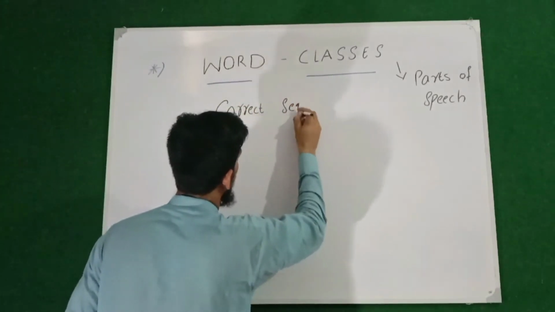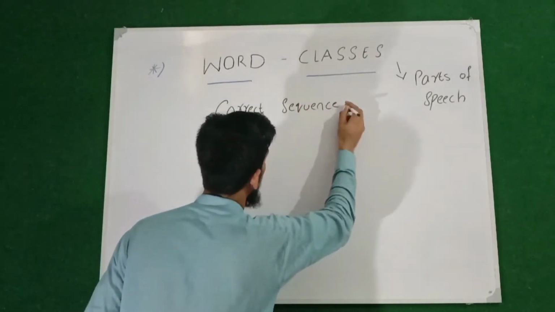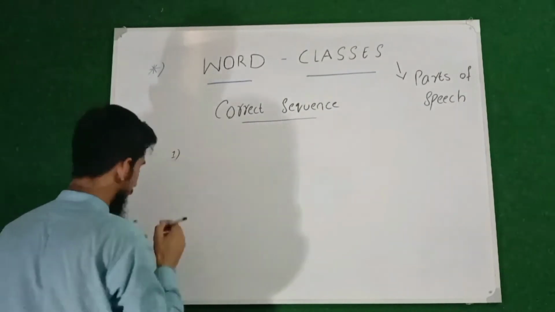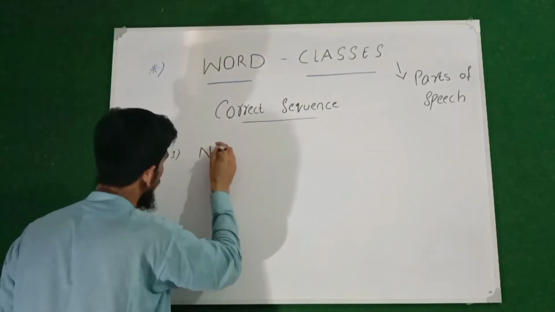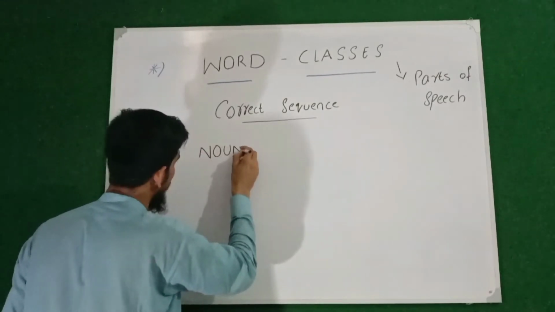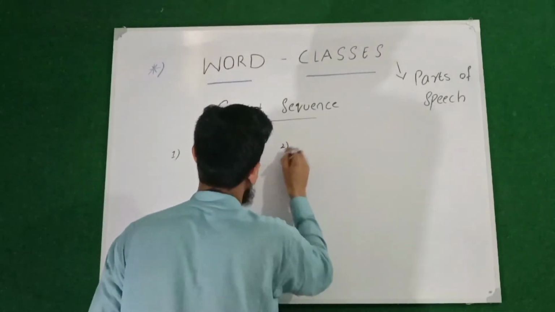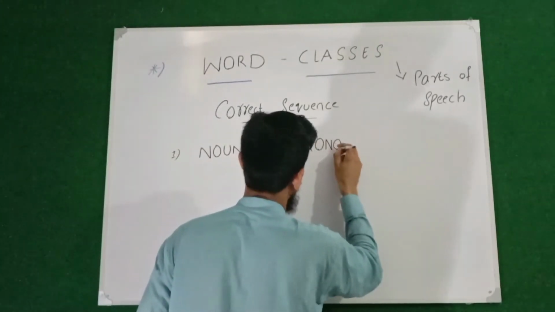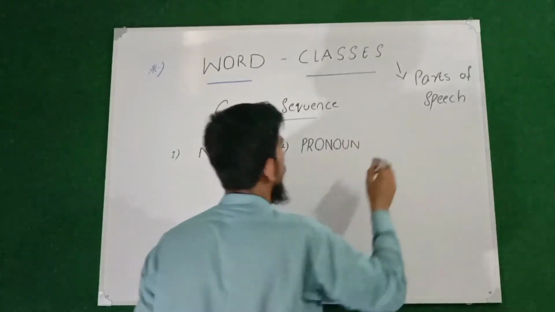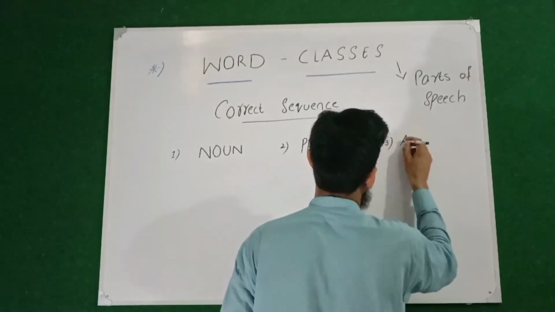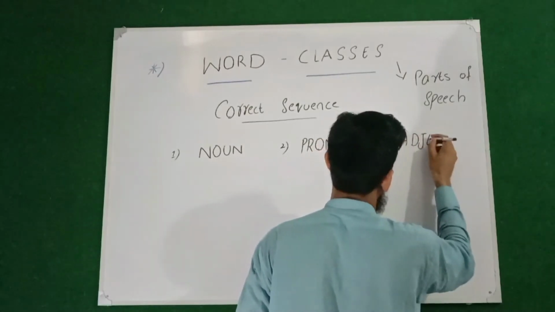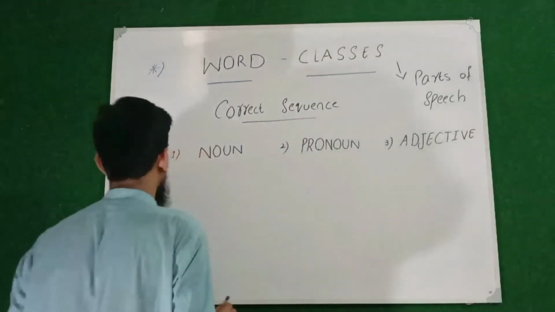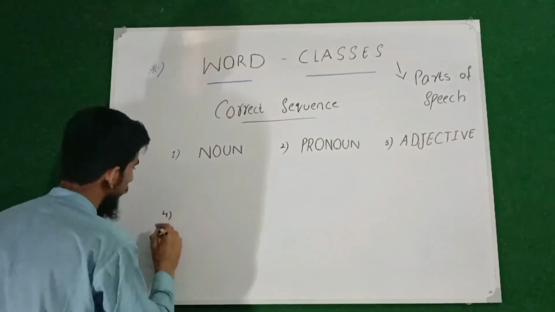So viewers, what is the correct sequence of word classes? The first one is noun. Then the second one is pronoun. The third one is adjective. Now the fourth is verb.